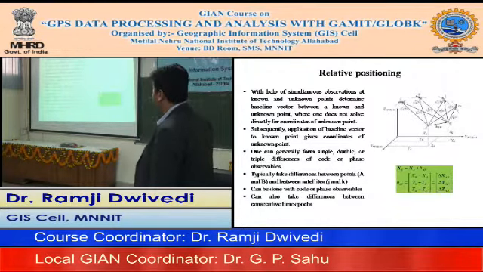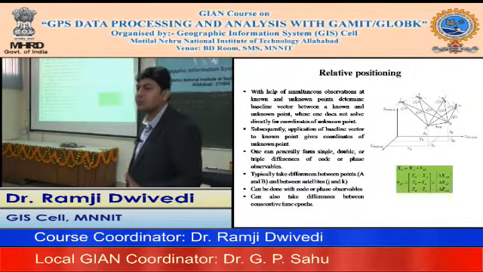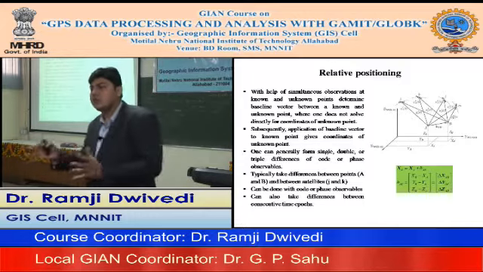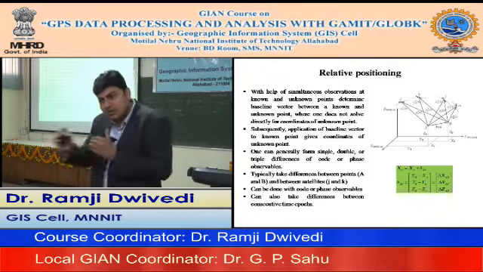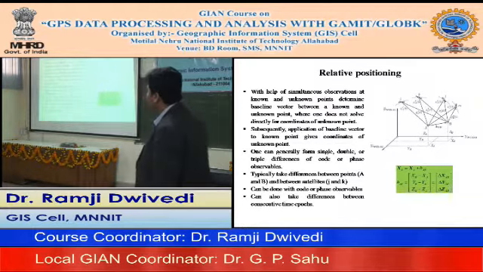So it is a linear equation in this vector domain, that xb is equal to xa plus the baseline components in 3 dimensions, delta x, delta y, delta z. This relative approach, where you use common satellites, is nothing but eliminating those errors which are correlated with respect to distance. We do this with the help of simultaneous observation.